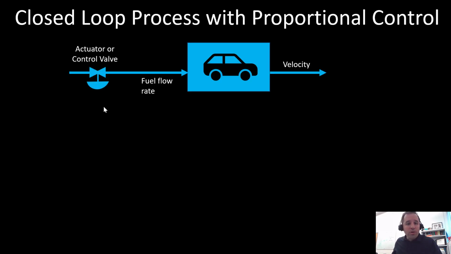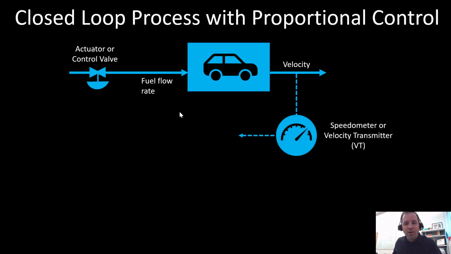To control something, you need to be able to measure it. So we have our speedometer or our velocity transmitter. This is just the sensor that is telling us how fast we are actually going. We would need to tell our car how fast we want to go.